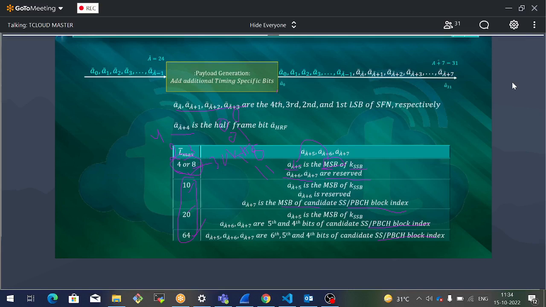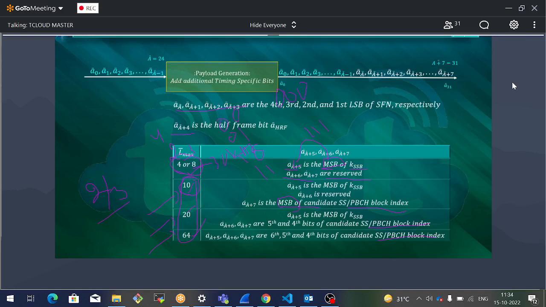When it is 8, 000 to 111, 8 combinations finished. So with the 2 or 3 bits that the mobile already got in PBCH DMRS, it estimated the block number. You don't need this MSB part. The MSB part is needed only when the number of SS blocks transmitted in the system is more than 8. If it is 10, 20 or 64, because you got only the first 2 or 3 bits from the previous operation, you get the remaining bits from here.